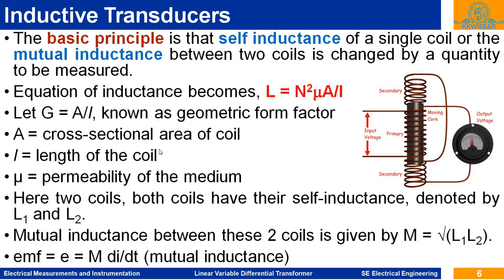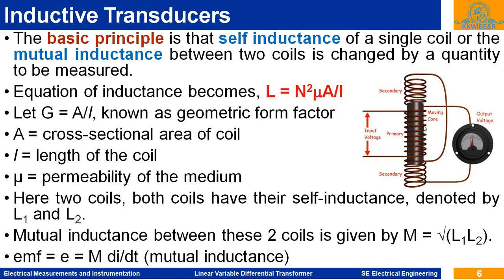Here we just revise for LVDT. So G is equal to A by l, where A is the cross sectional area of the coil, which is fixed, and l, the length of the coil, is also fixed. So this A by l, G, the geometric form factor, is a constant. Then mu is the permeability of the medium.